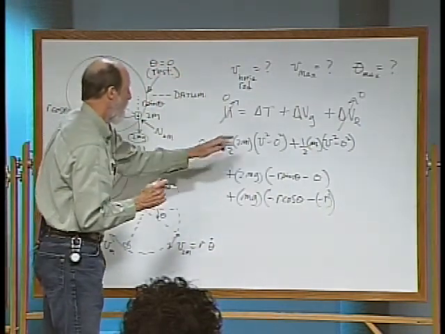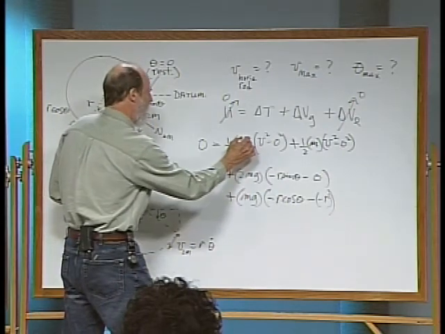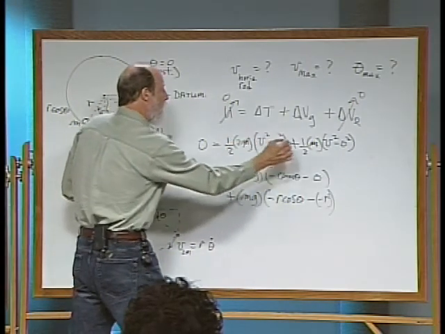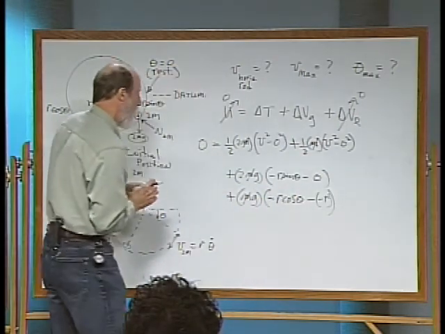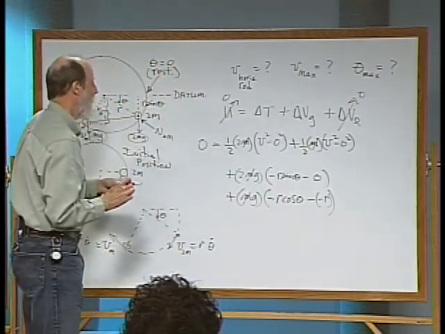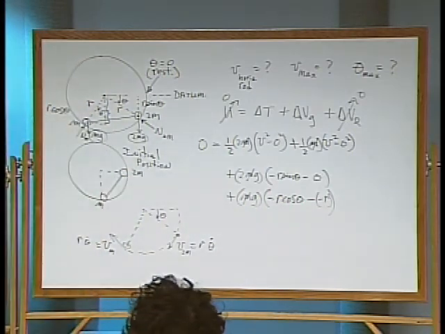So it looks like every term involves m, so I think we can get rid of that. And let's see if we can tidy that up, and I'm going to erase some over here. Move over onto this other board.